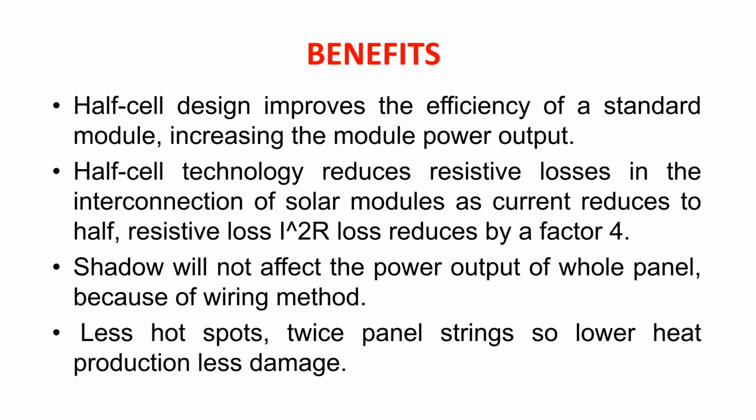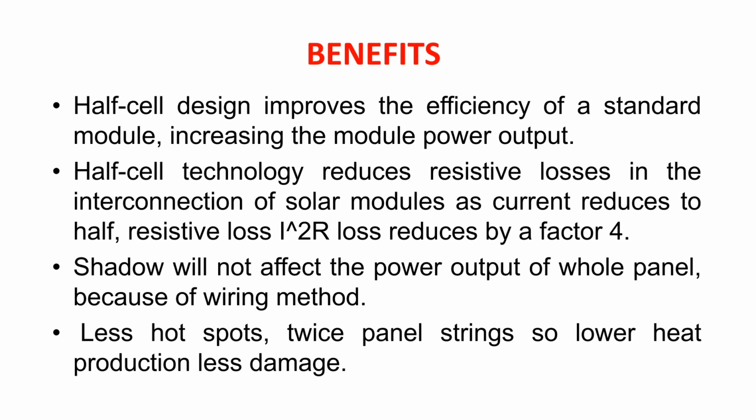One of the most important benefits of half cell technology is that shadow will not reduce the power of the complete panel, as we have two twin panels in this. So shadow on one half of the panel will not reduce the power output of the other half.